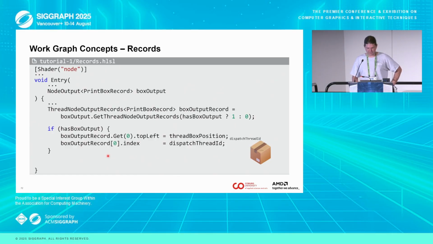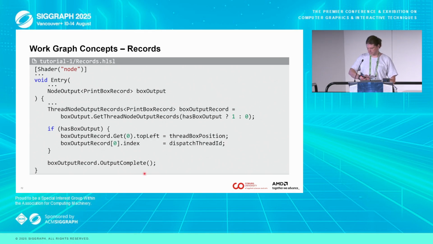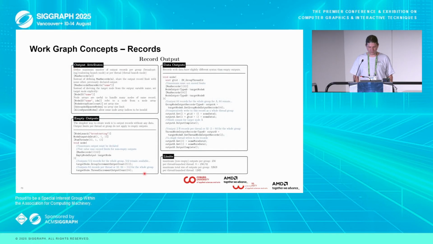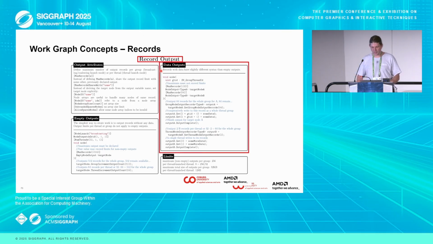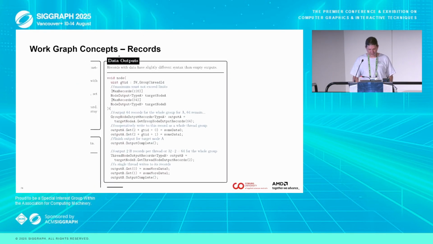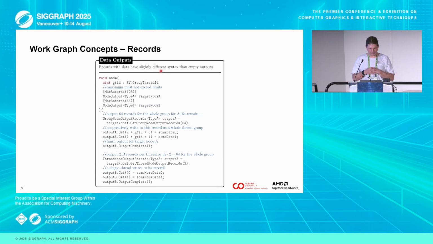Okay, once you have this, everything gets packaged into this work item, and we can send it off with a box output complete function here. And you can see that again on the record output page of our cheat sheet, and then refer to the right column, and there you can see how you can output data pretty concisely.